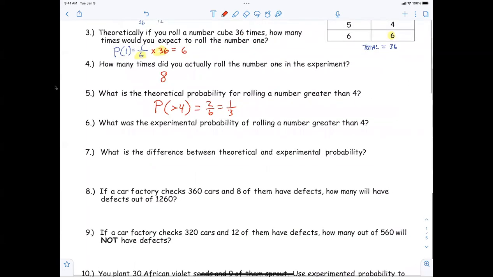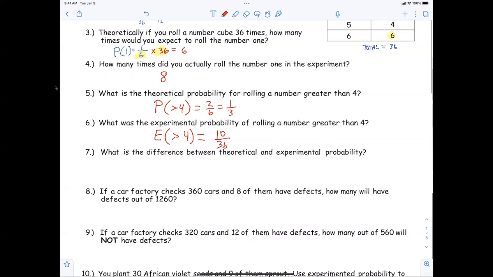Okay, so now what is the experimental probability? I'm just going to put this right here. What does E stand for? Experimental probability is greater than 4. Everybody calculate that for me real quick. What is that? 10 over 36.